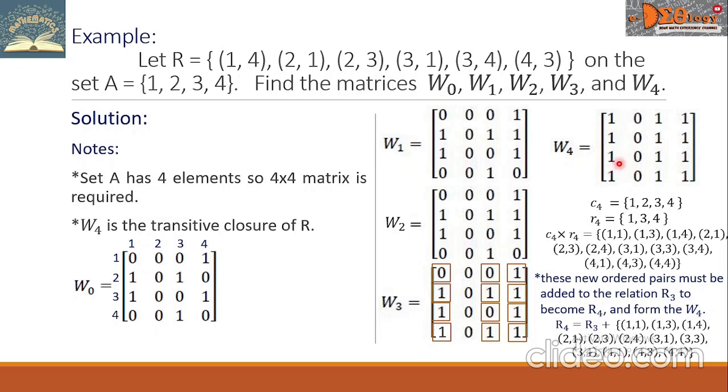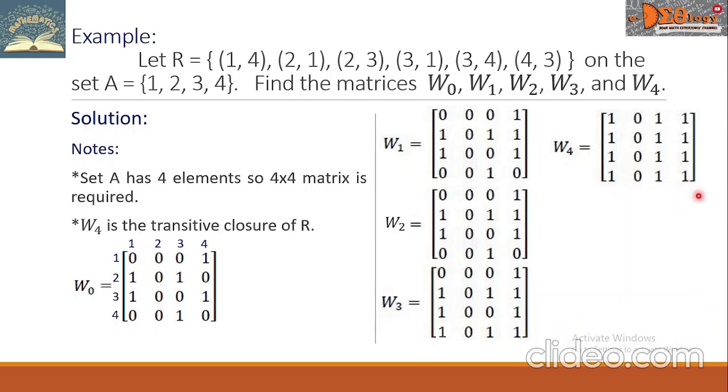Third row, 1, 0, 1, 1. Fourth row, 1, 0, 1, 1. This W sub 4 is the transitive closure of R. So we have now the matrices W sub 0, W sub 1, W sub 2, W sub 3, and W sub 4.